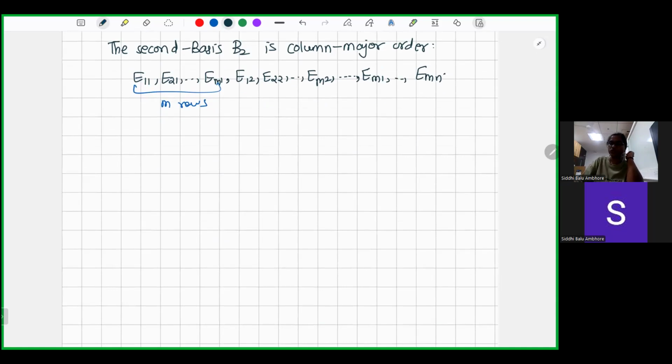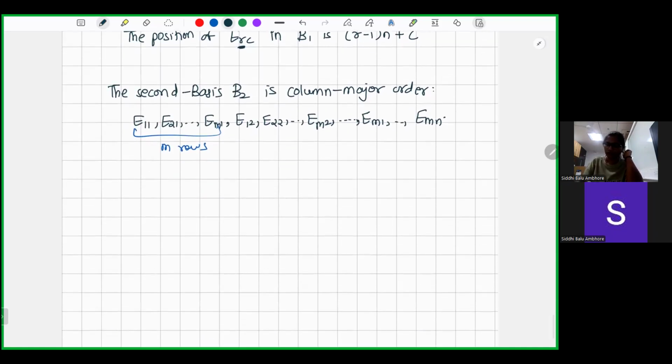And the position of E_RC in B2 is, now note that we are first taking M. So what is changing here is the columns, the number of columns.